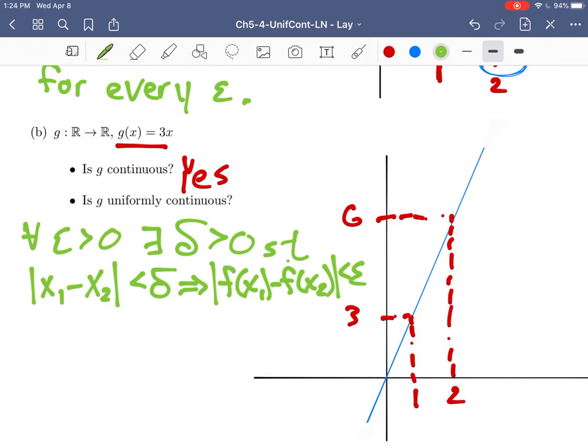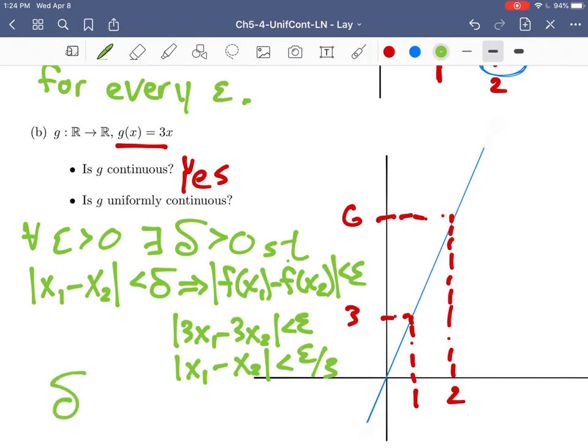In order for that to be true, we'd have the absolute value of 3x1 minus 3x2 less than epsilon. Factor out a 3 and divide both sides by 3. So we would get this. The choice of delta that we would want to choose is epsilon divided by 3.